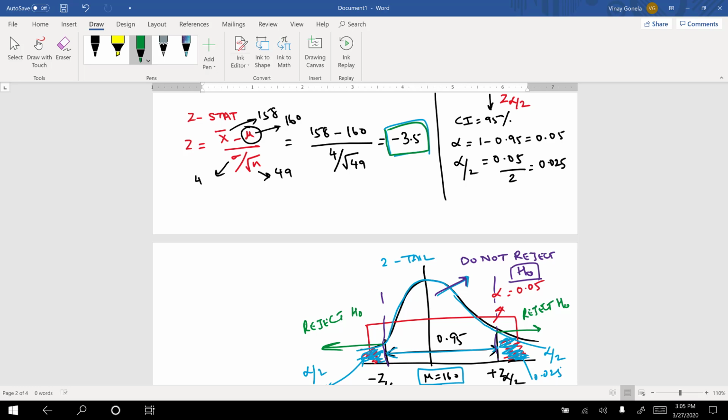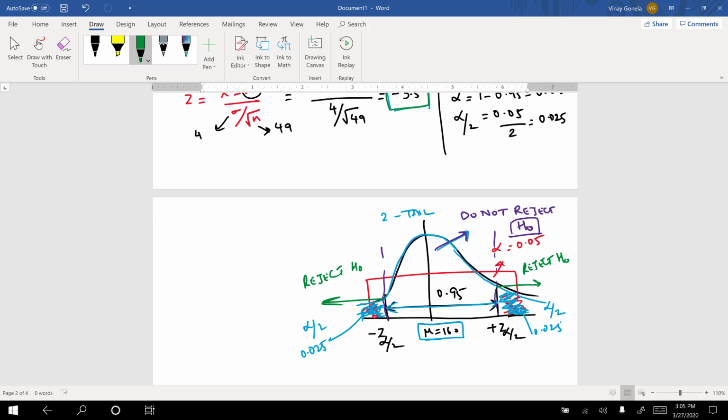So now the first thing in this is to calculate this negative z alpha over 2 and this positive z alpha over 2. So I will go z alpha over 2, that is z 0.025. I need to calculate this value.